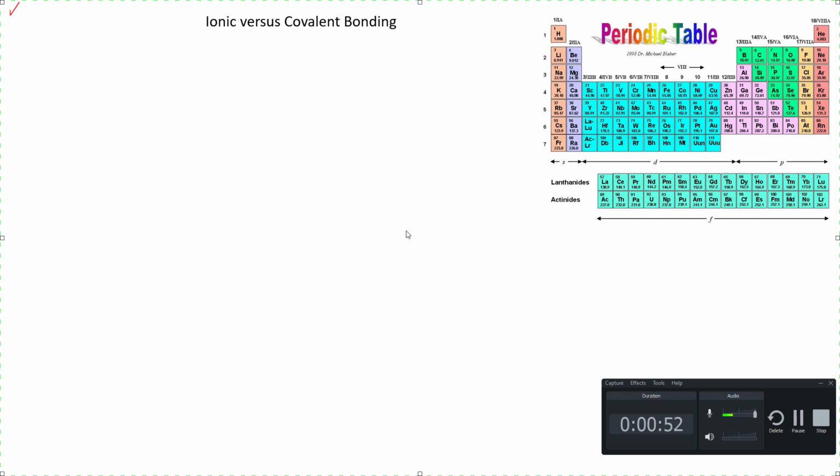So if we're looking at bonding, there are two types of bonds that we can form, and that's going to be ionic and covalent bonding. Just as a review, remember ionic bonding is when we have a cation and an anion that are electrostatically attracted to each other.